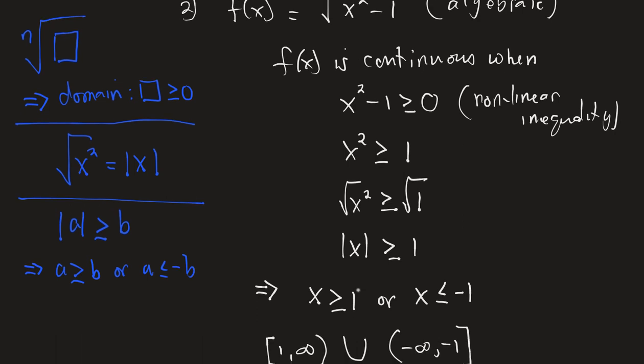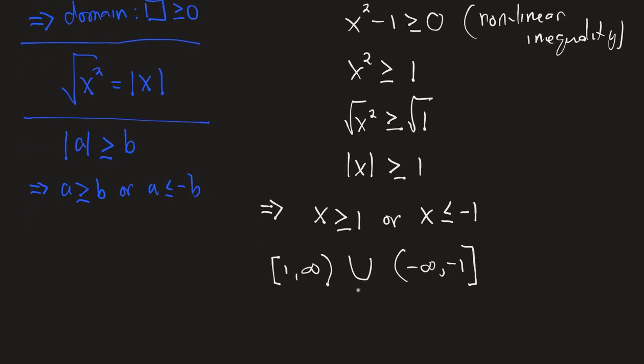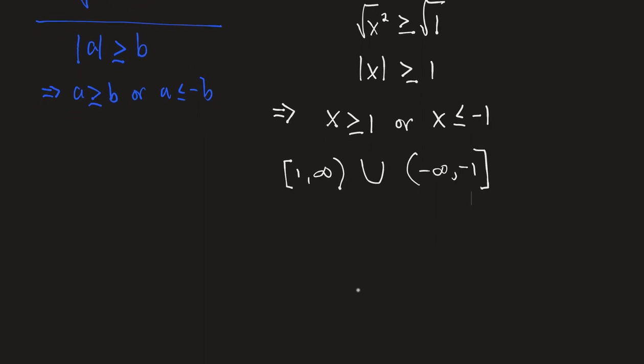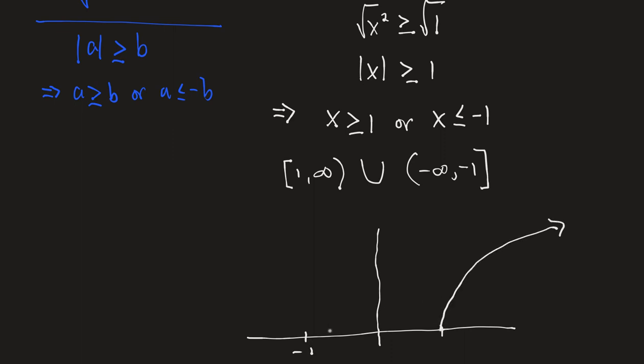Let me just end by sketching the graph of this function. It looks like this. It turns out this is an even function. You have a piece of the function that goes this way, and then a piece that goes the other way, and like I said, it's an even function, so it's symmetric with respect to the y-axis.